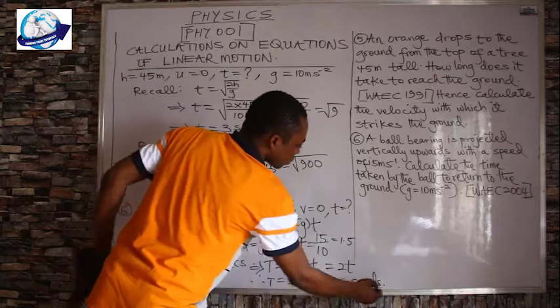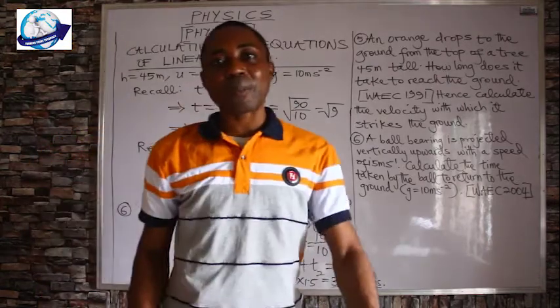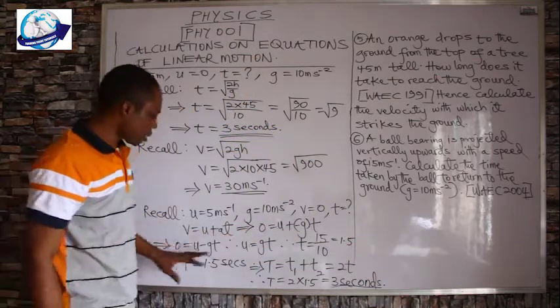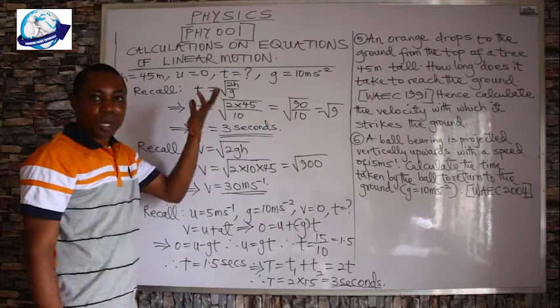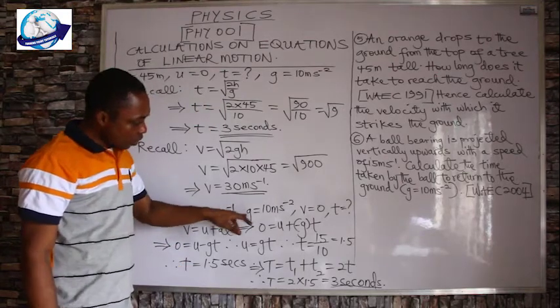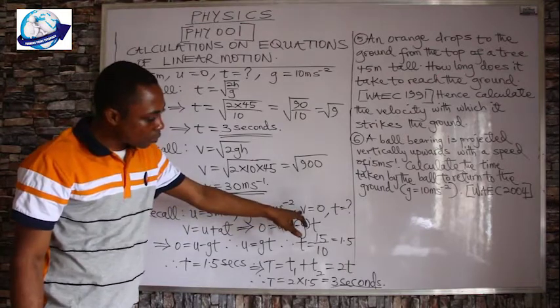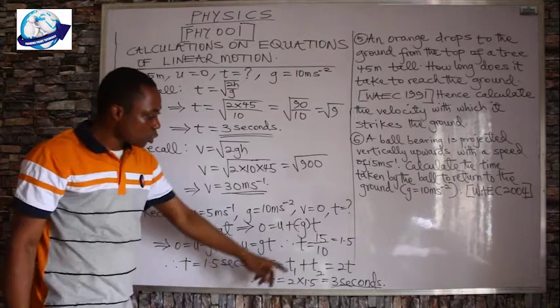It's straightforward. I prefer we use this approach since the parameters needed for going up were given: u, g, and v equals 0 at the maximum height, and the time to get to the maximum height, which is 1.5.